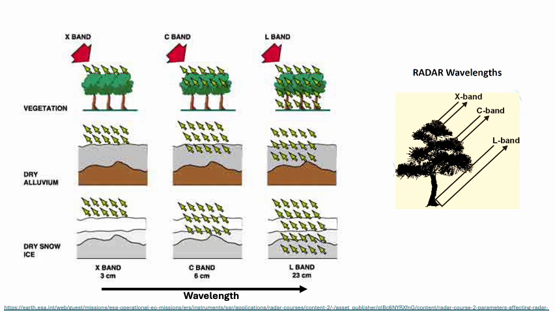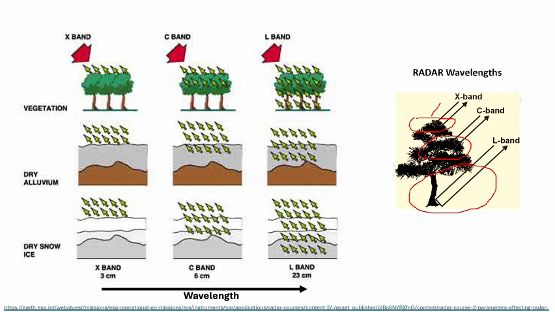Here you can see X band can reach only this part of the tree. C band has a longer wavelength compared to X band, so it can cover this area also. And L band has the longest wavelength compared to X and C, so it can reach down to this level.